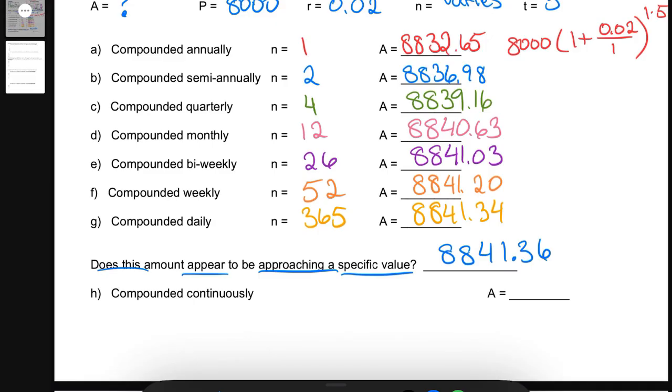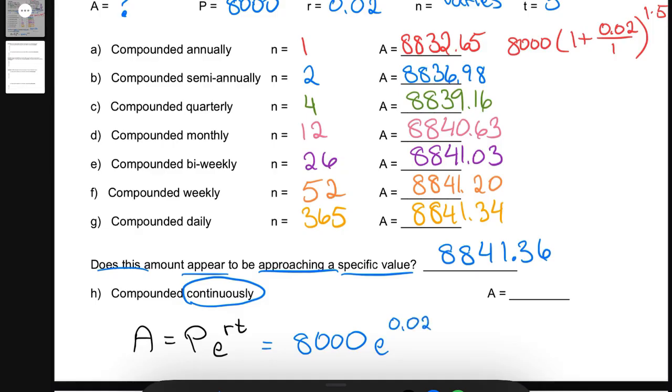What this is actually approaching is the compounding continuously amount. Compounding continuously, A equals P times e to the power of rt. So that would be the 8,000 we started with times e to the 0.02 times 5.